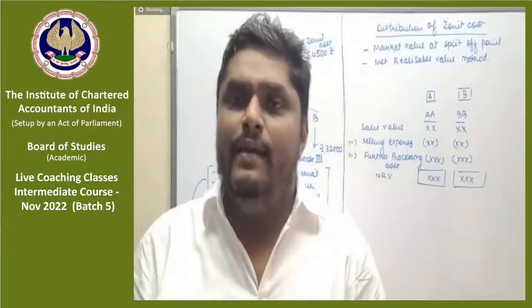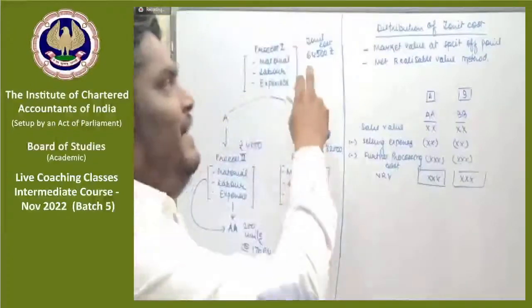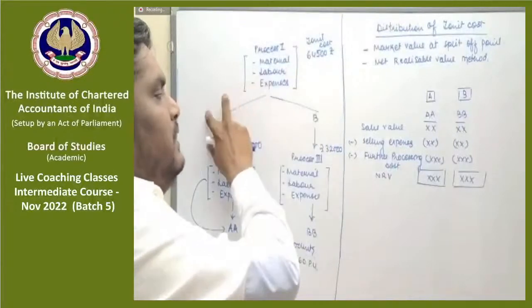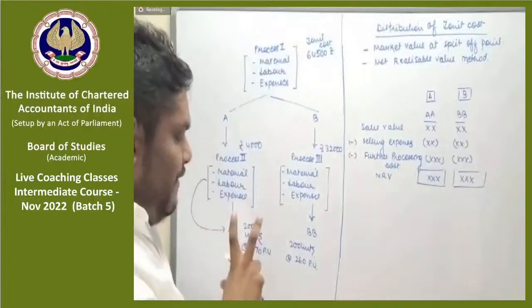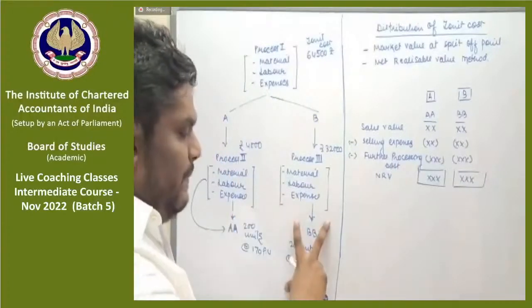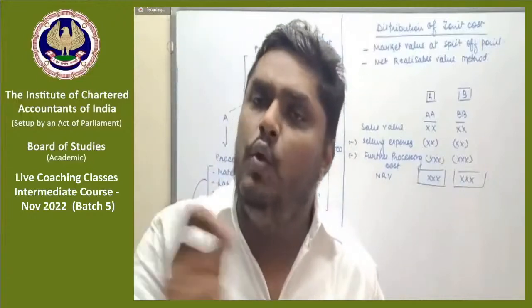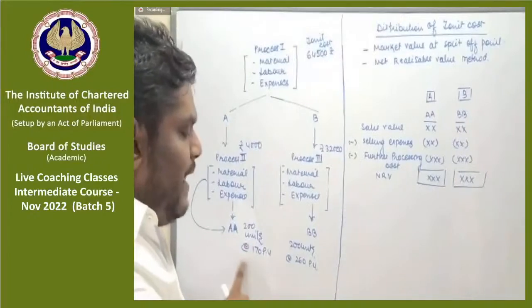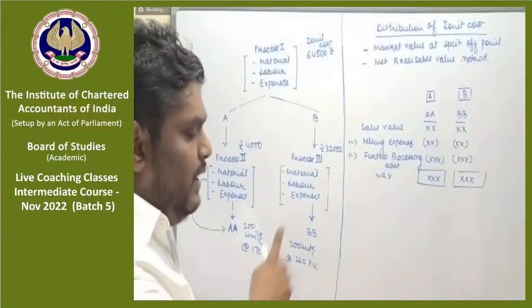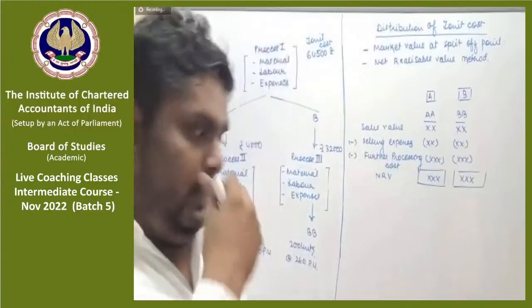I repeat again, the joint cost given is 64,500. Product A and B cannot be sold in the market. However, we can sell double A and double B, 200 units each. Double A can be sold at 170 per unit and double B at 260 per unit.